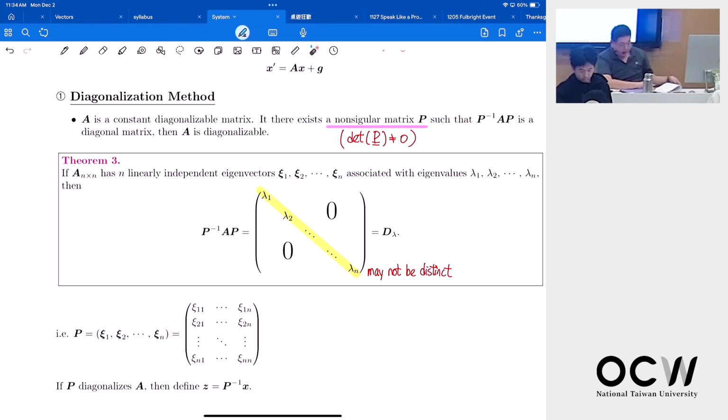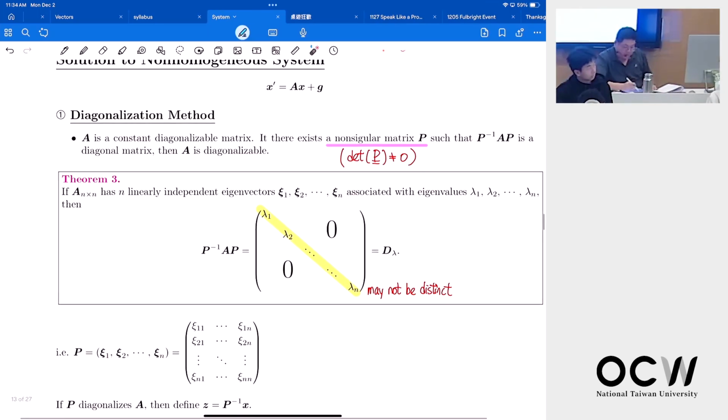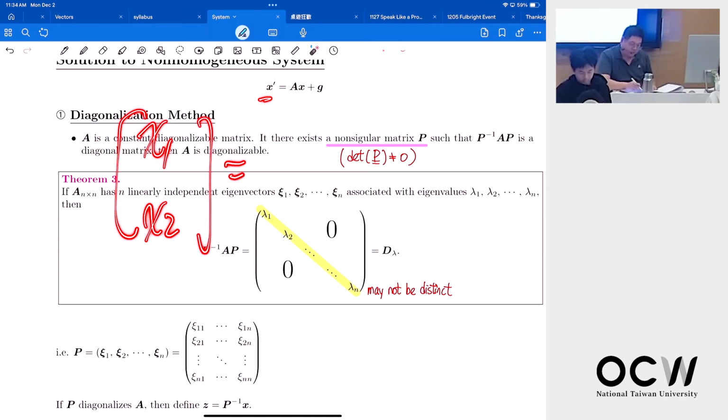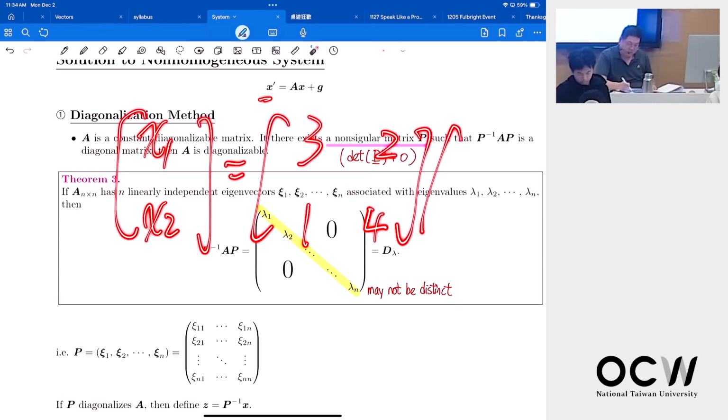Then what is the diagonalization method? It tries to change the variables and decouple the system. So for this system, you can see that I have a cross term, x1, x2 together. For example, x1, x2 equals [3, 1; 2, 4] times x1, x2 plus something.